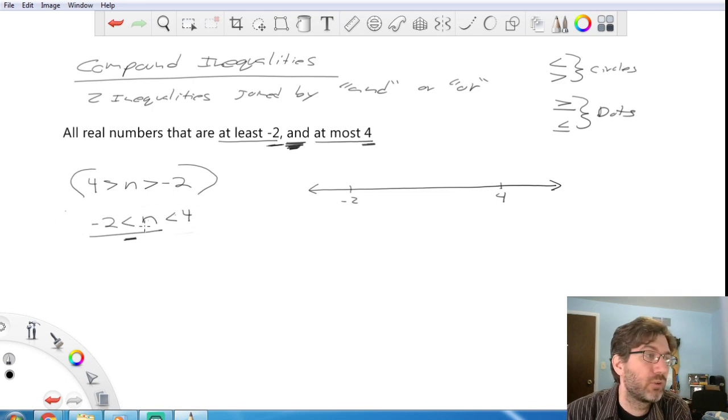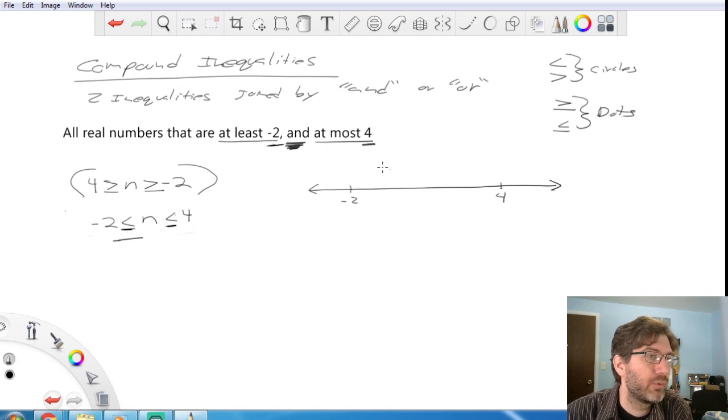So over -2, I don't have at least -2. Actually, at least -2 means you can be -2 and you can be 4. So these are actually equal to signs. That's me just reading it wrong as I work through it right now. So keeping in mind those are greater than or equal to signs.